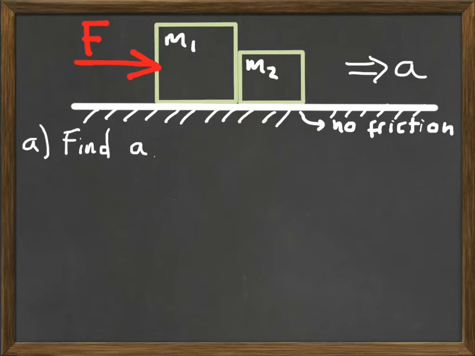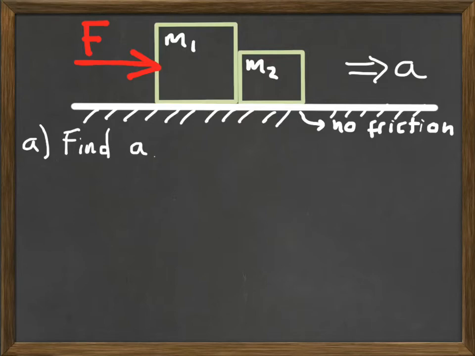It wouldn't make sense also for M2 to accelerate faster, because then as M2 loses contact with M1, there wouldn't be any reason why M2 would accelerate. Clearly M2 is accelerated due to the push that it receives from M1. So clearly the acceleration of both blocks is the same, and we'd like to find how much is that acceleration.